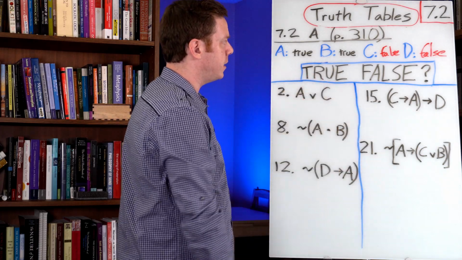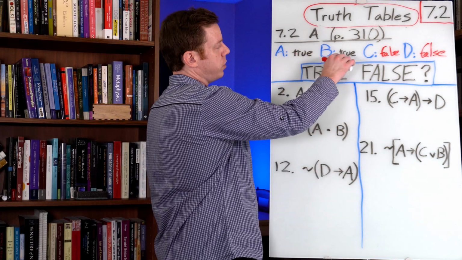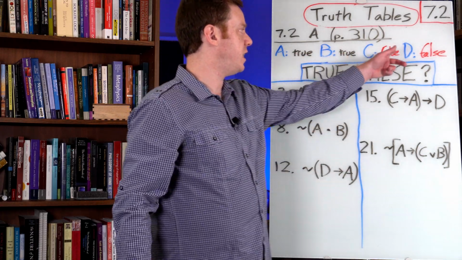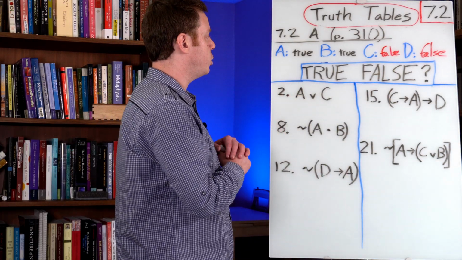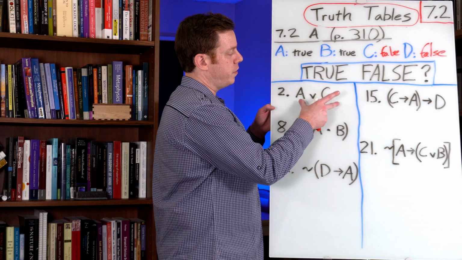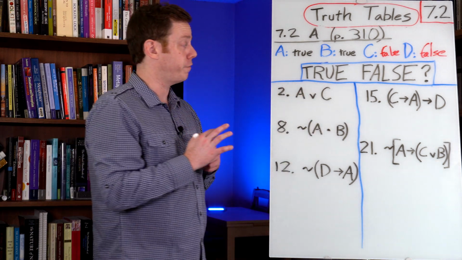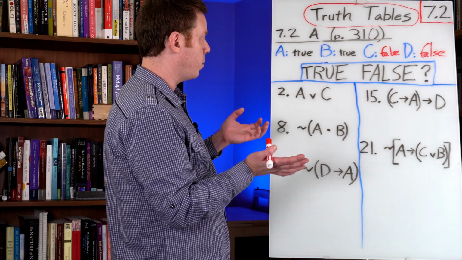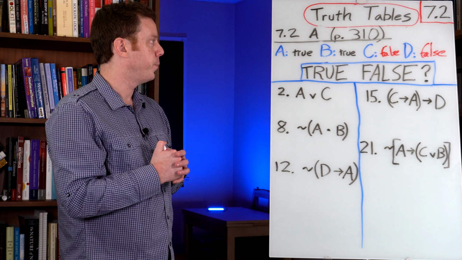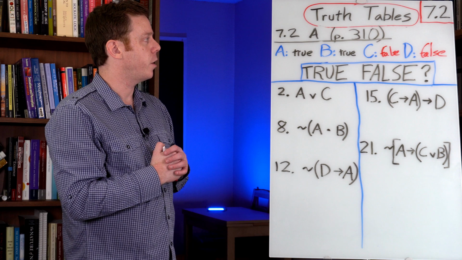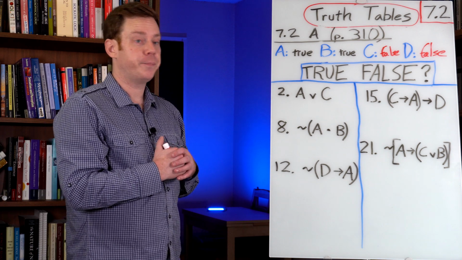So for all of these, the A's will be true, the B's will be true, and then C's and D's are both going to be false. So we have to use that information to determine whether or not the whole compound statements are true or false. So let's see if we can do it. Go ahead and try to do it on your own. You can pause the video and see if you get it right.